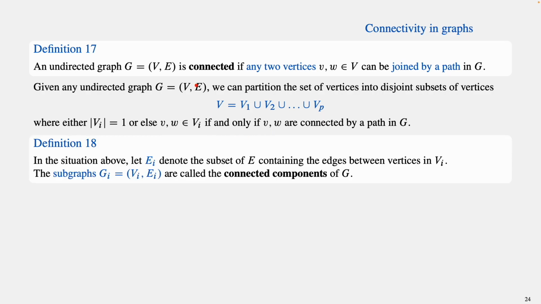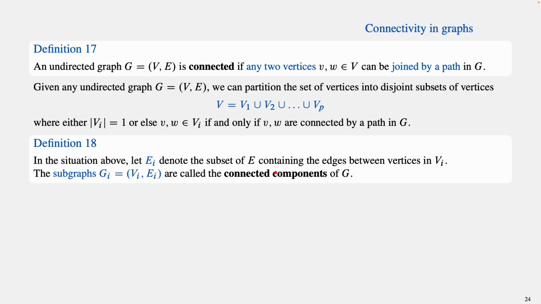So in this situation here, if we let Ei denote the subset of E containing the edges between the vertices in Vi, then we call the subgraphs obtained by taking the sets Vi and their corresponding edge sets Ei the connected components of the graph G. So it follows from the choice of this decomposition that all these Vi's are connected, and so it's justified to call them connected components.